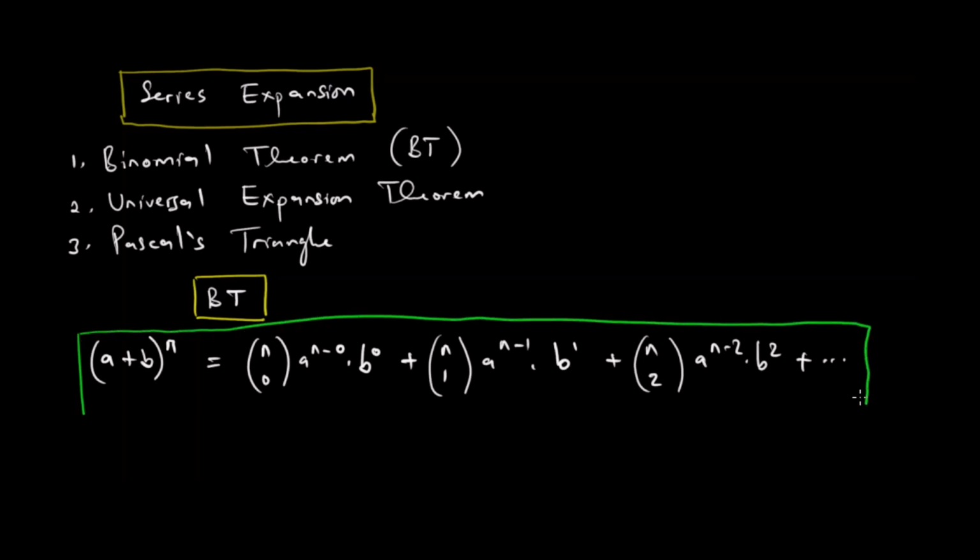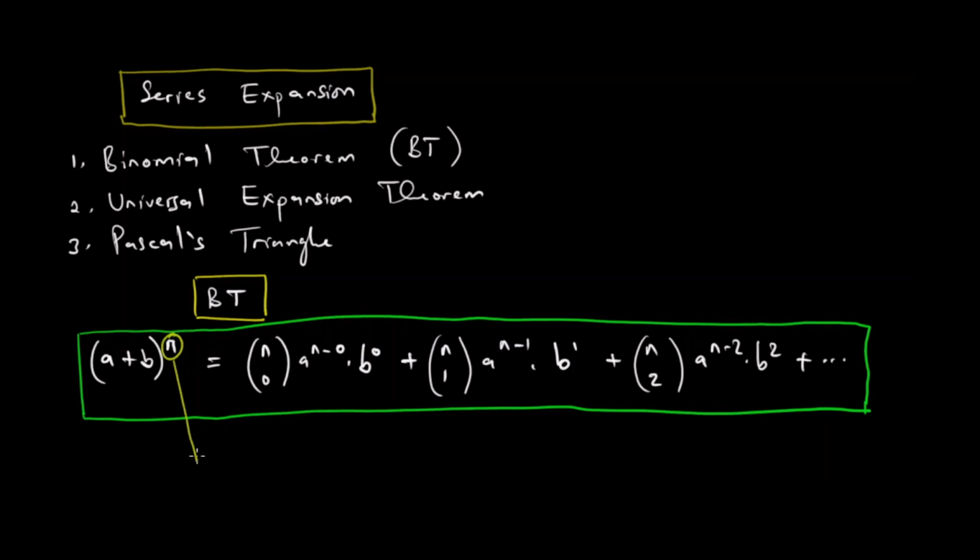So this is used to expand expressions which have two terms raised to a certain power. But when it comes to the conditions associated with it, we saw that n must be a positive whole number.